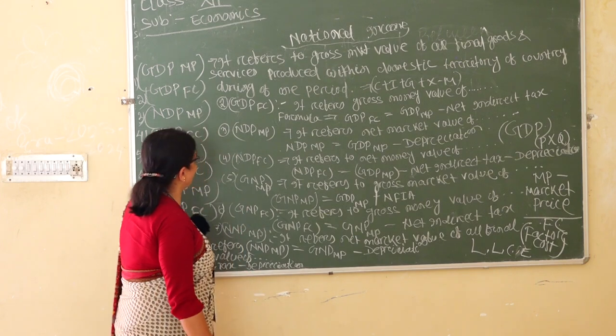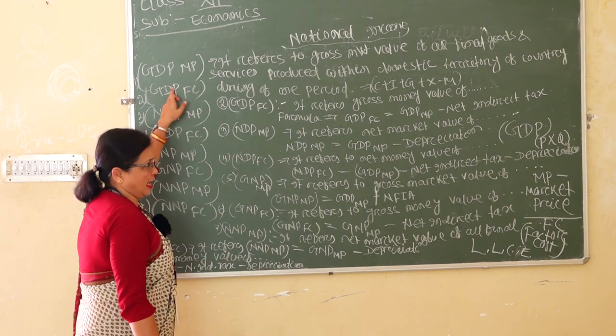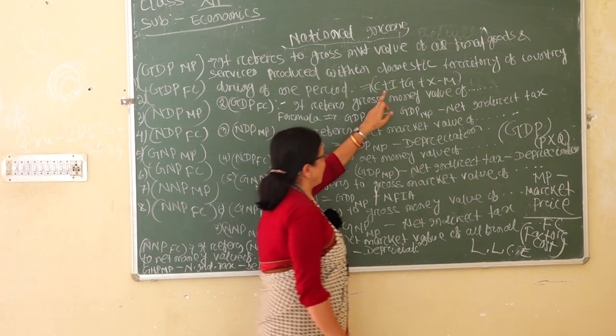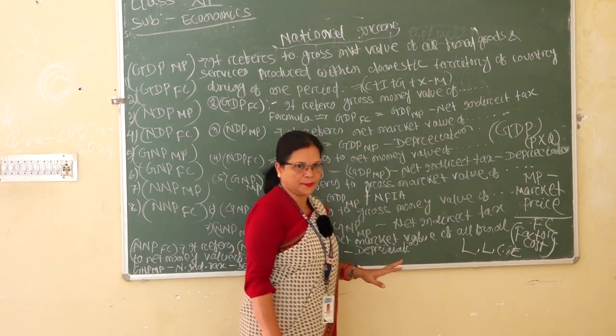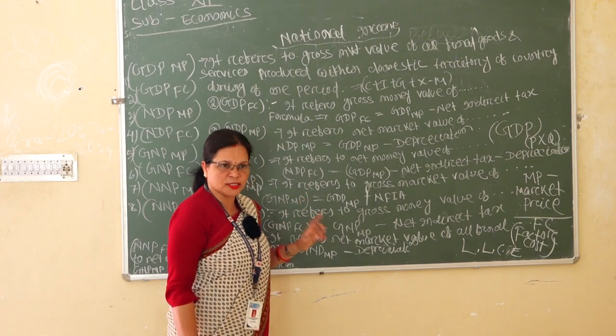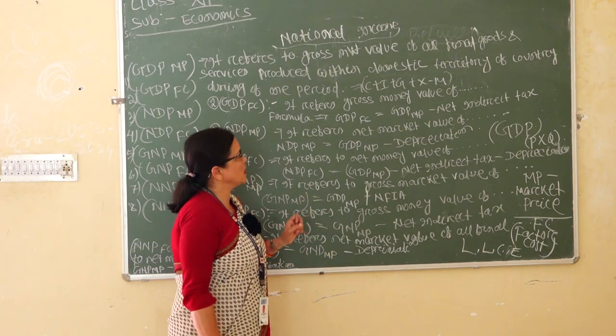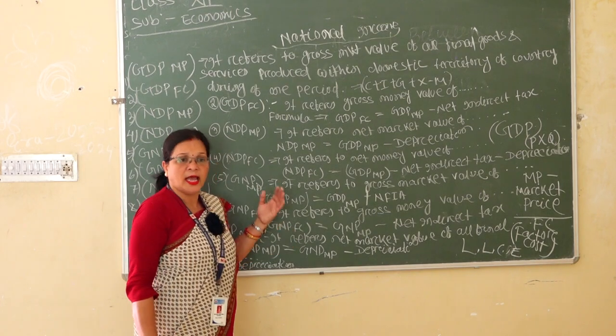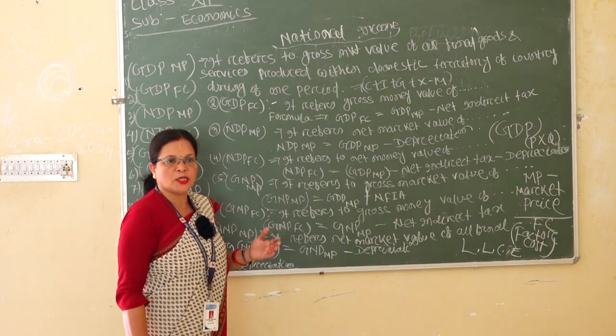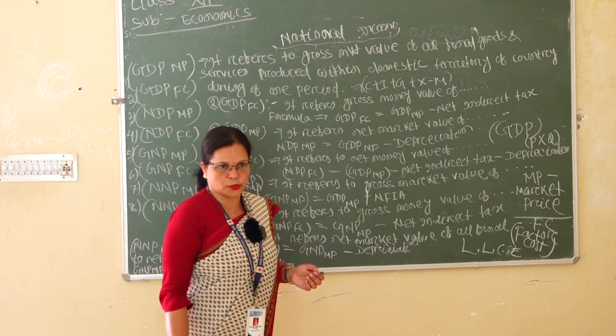What is the formula of GDP MP? C plus I plus G plus X minus M. C means consumption, I means investment, G means government spending, X minus M means export minus import.